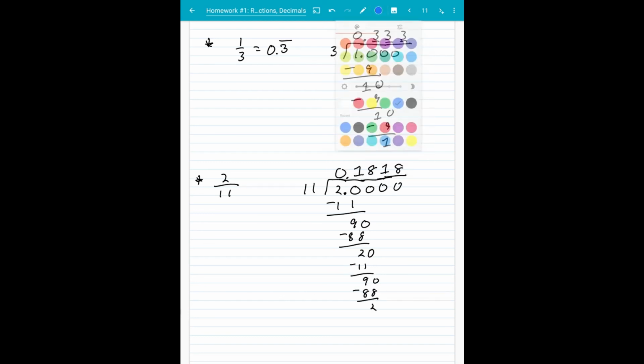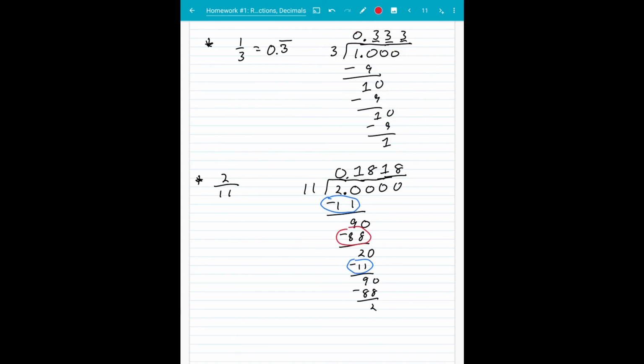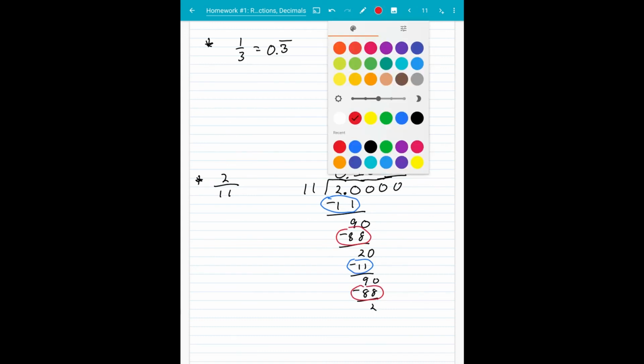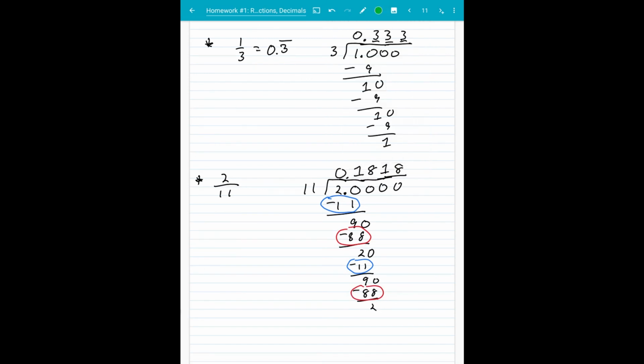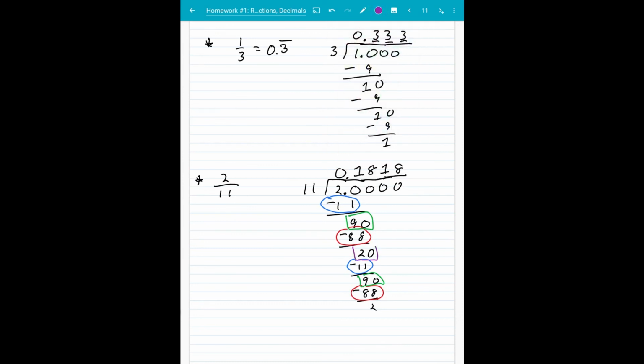So if I mark them off with different colors, here we subtracted 11, here we subtracted 11, and then here we subtracted 88, here we subtracted 88. But you can also look at your resulting numbers instead. You can say, oh, I got 90 here, I got 90 here, and then here we were going to get 20 here, and then 20 here. You see where the pattern occurs, any kind of pattern, but you can see that they alternate.